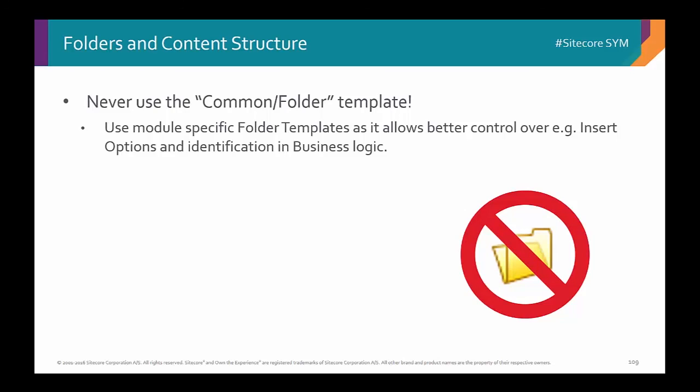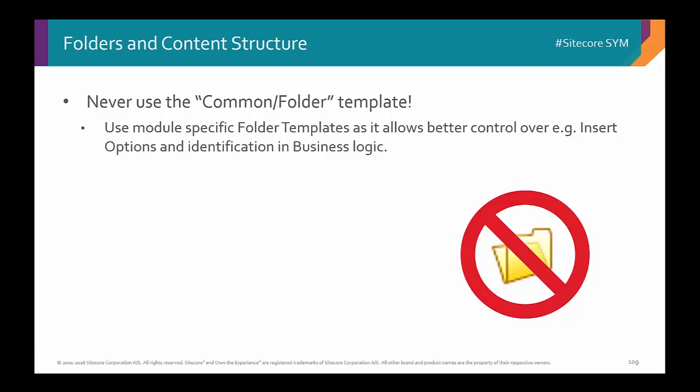The alternative is, of course, to create your own folder templates. So every time you need a structure, let's say you have that event repository. You have the events folder, and then in there you put your events, but you need a hierarchy. You need multiple folders under there.